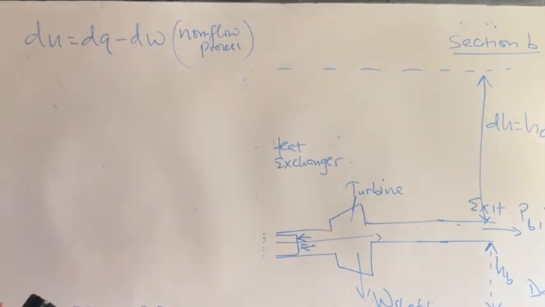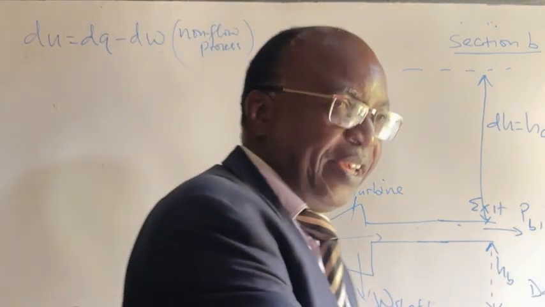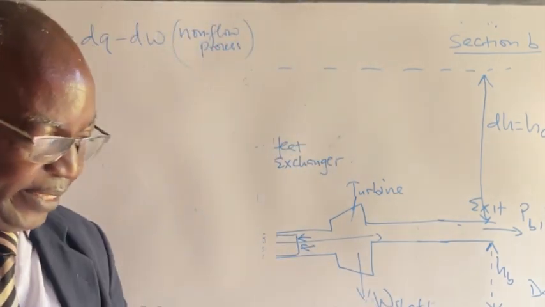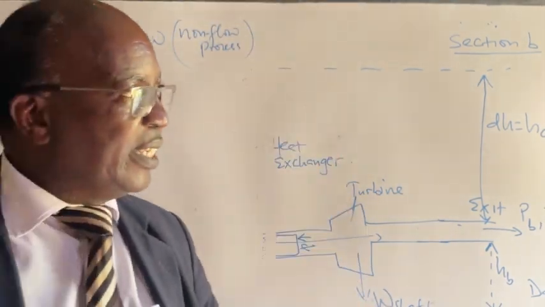Now we are dealing with this unit mass which is moving or flowing. And number two, this unit mass is elevated from some arbitrary datum level.